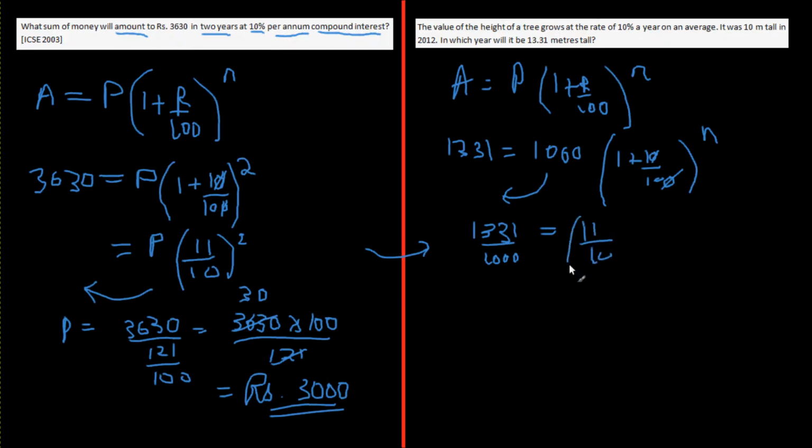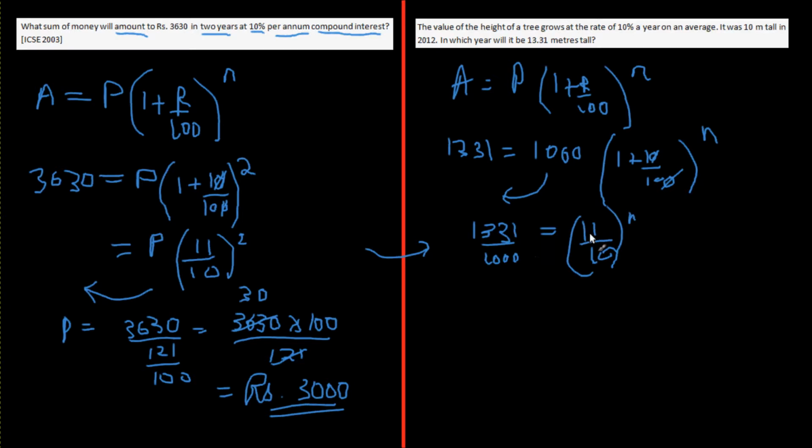You should know as a fact that 11 to the power 3 is 1331, 10 to the power 3 is of course 1000, and you should actually be familiar with these numbers, they come very often. Also 9 to the power 3, 11 to the power 4 also comes, so you should know these. And so you can easily see that this is 11 to the power 3.